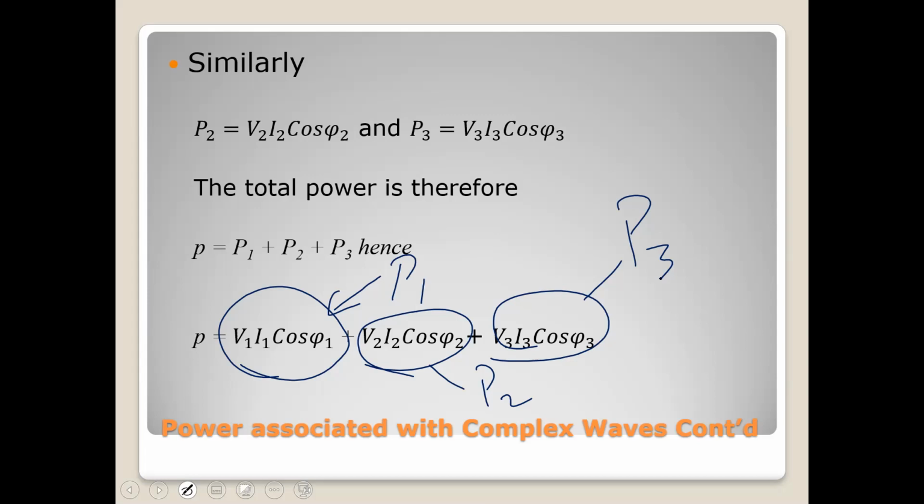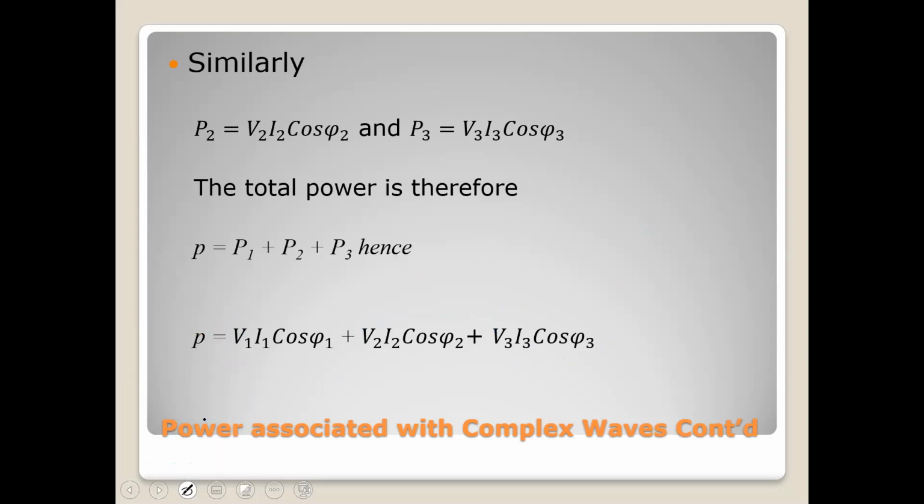All right, hold on. Pause. Would you have known the value of phi 1? Yes, sir. Phi 2? Yes, sir. Phi 3? Yes, sir. Would you have known these values, V1, I1? Yes, sir. So if I know these values, what would this give me?